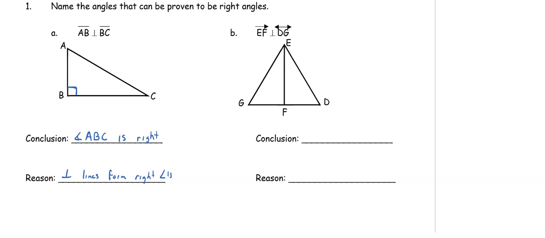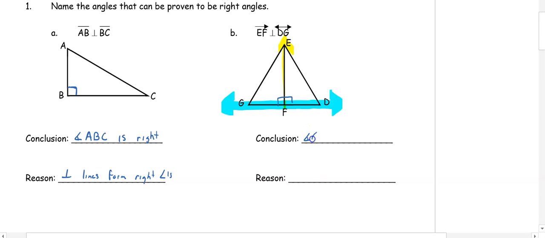In letter B, we have ray EF is perpendicular to line DG. Because they're perpendicular at that intersection point, we are going to have two right angles in this case, because we have a line on each side of EF. So we would say that angle GFE and angle DFE are right angles. And we know that again because perpendicular lines form right angles.